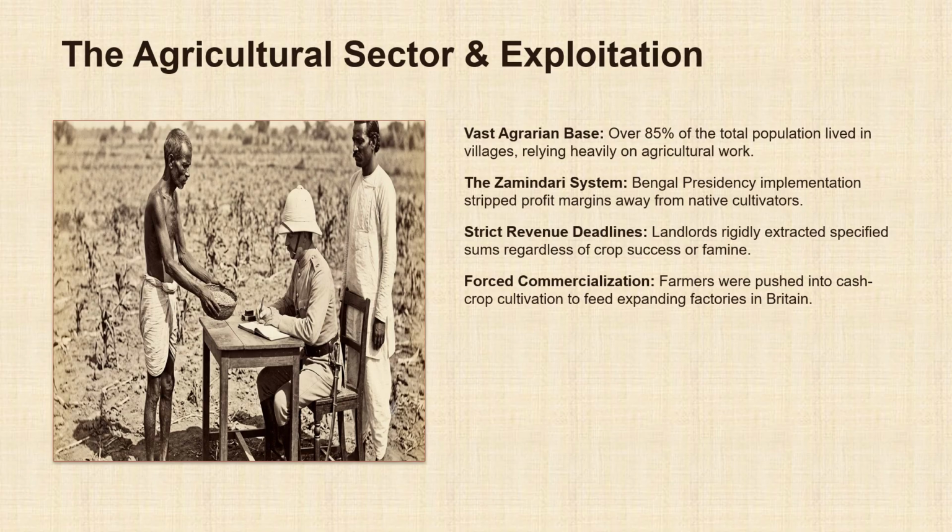Cultivators were pushed into extreme debt because the system was purely extractive, known as the Permanent Settlement or land settlement system. Landlords had to deposit fixed revenue by specific dates or risk losing their land rights, passing the entire burden onto the peasant, leaving behind the soil that actually feeds them.